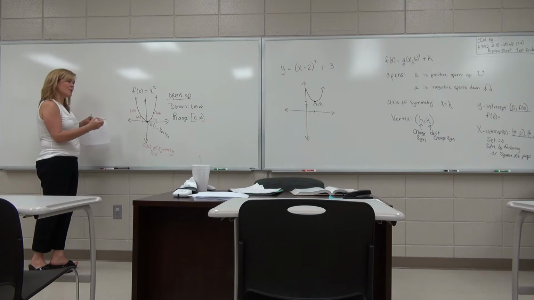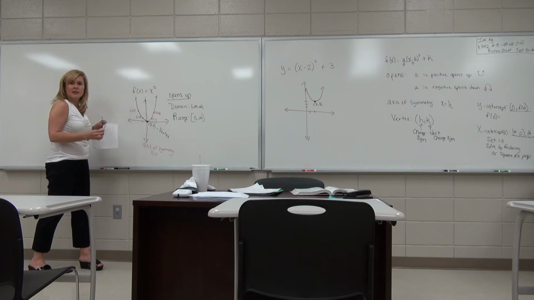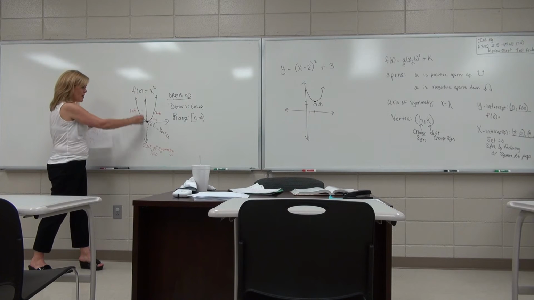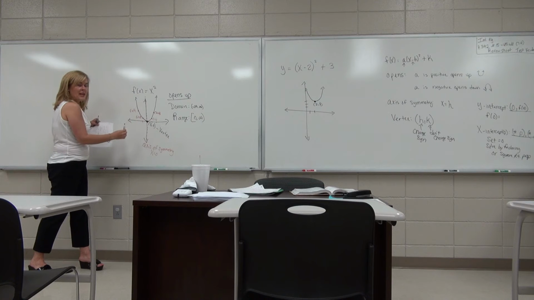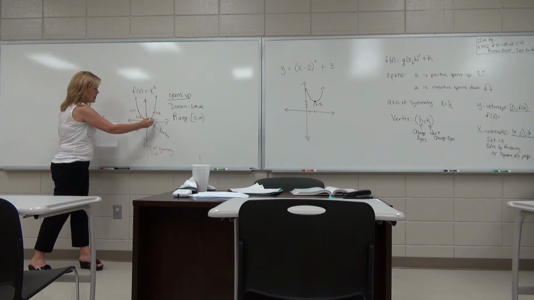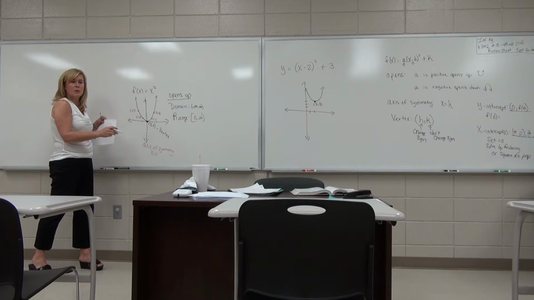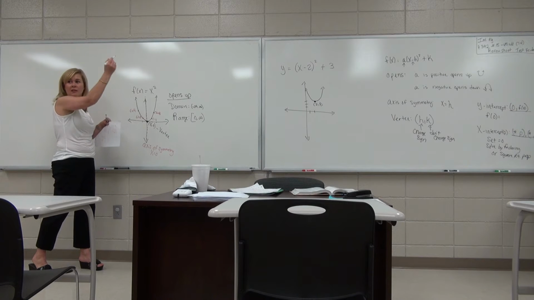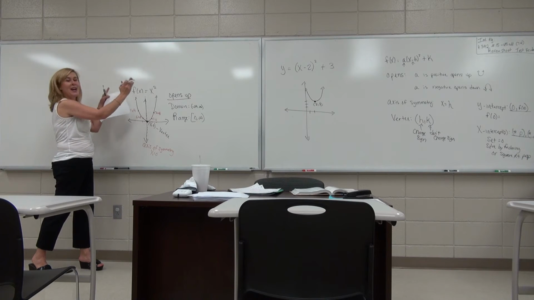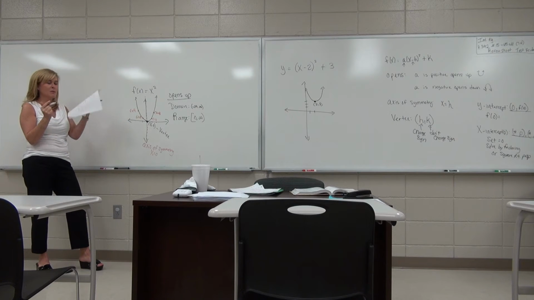So when I say it's symmetric, that means on each side, these y values are exactly the same. I mean, it's like a mirror. Your x's are either going to be positive or negative because your graph's on both sides here. You got some in quadrant 1, quadrant 2. But no matter what number you put in here, you're going to have the same y values for both of them all the way up. Because if you put in 3, 3 squared is 9. Negative 3 squared is 9. So you see your y's are exactly the same. That's what I mean by it's a mirror. It's exactly the same on both sides.